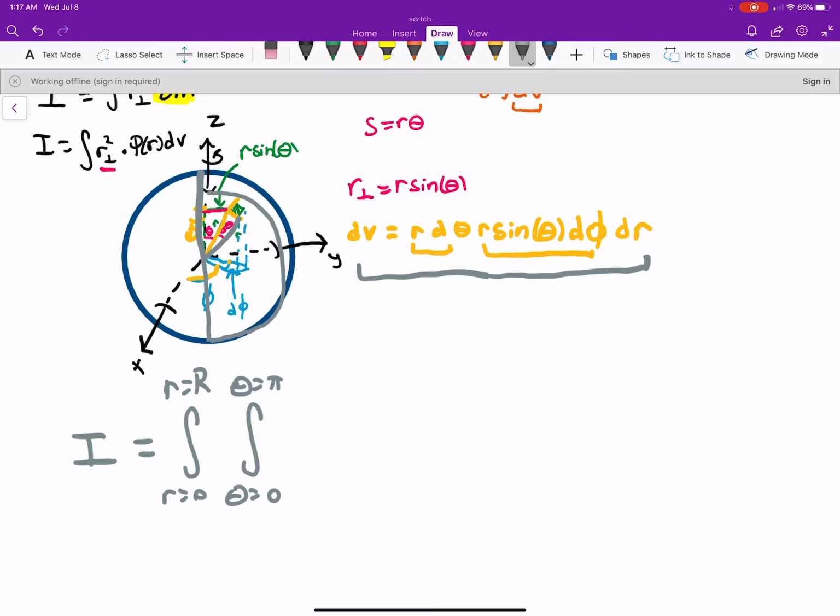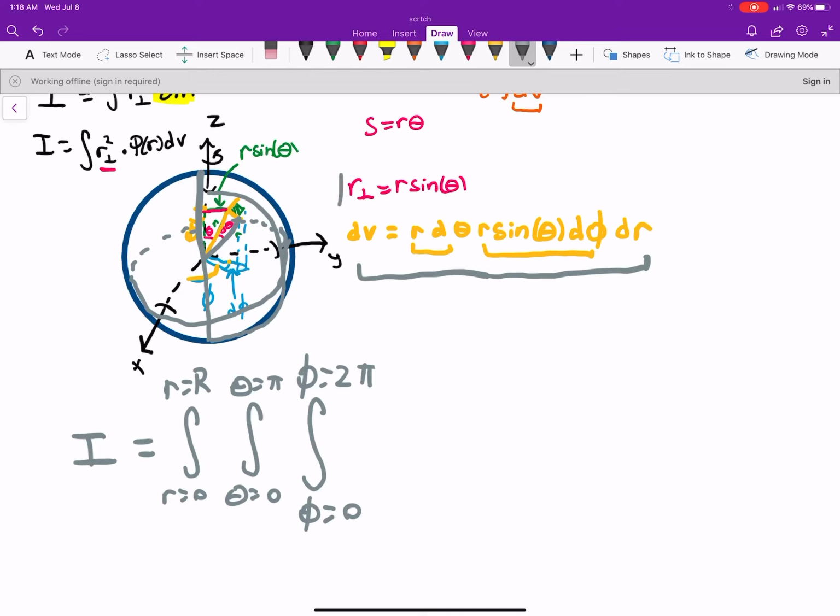And then phi is going to wrap all the way around the sphere. It's kind of hard to think about, but imagine it wrapping all the way around. Your phi will go from 0 to 2 pi. That'll give us everything we want.